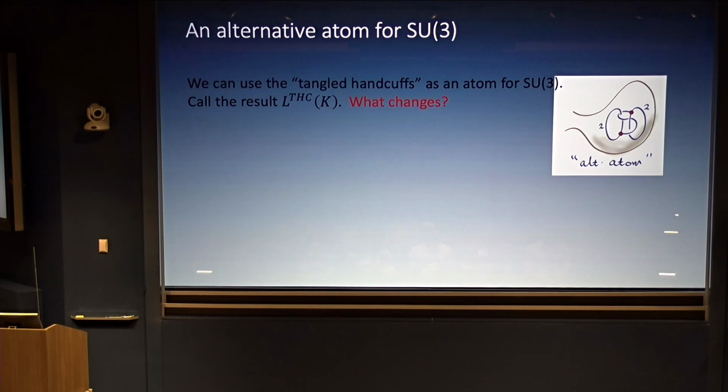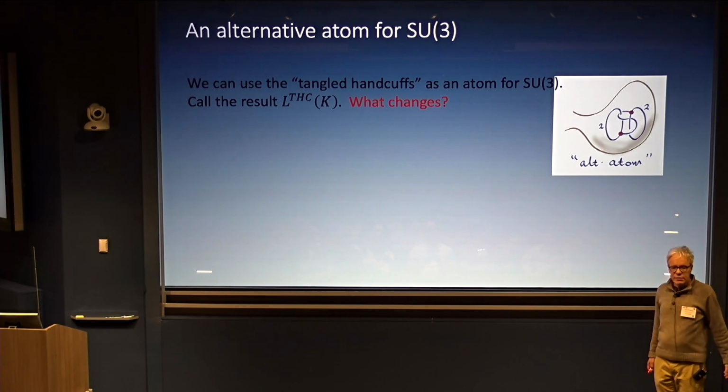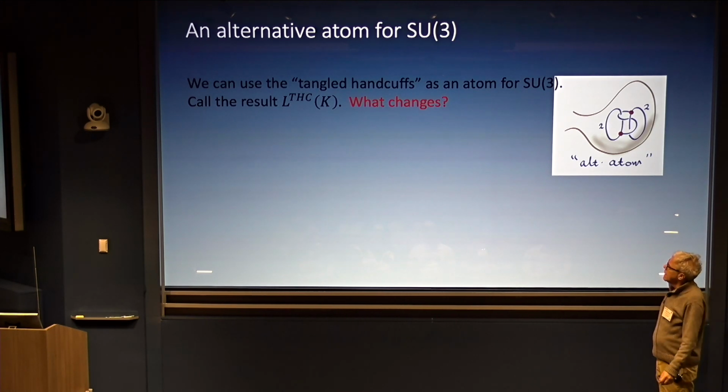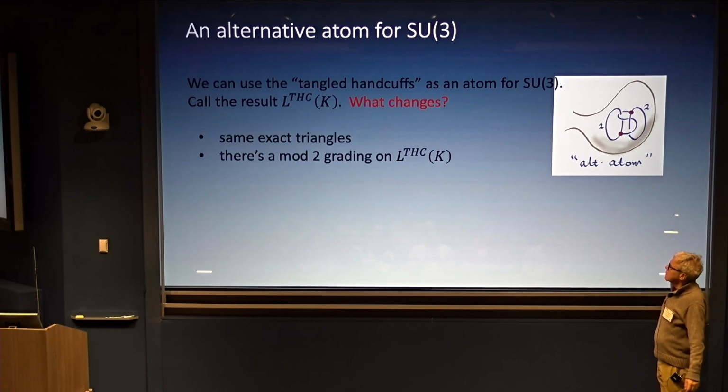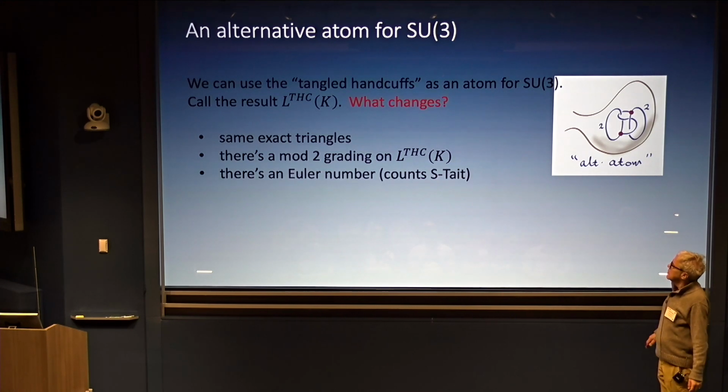Very briefly, and to close, we could use the tangled handcuffs instead of that green atom. Haven't got much to say about this, but I'll call it LTHC for tangled handcuffs. Different atom, same exact triangles, same mod 2 grading, same Euler number.